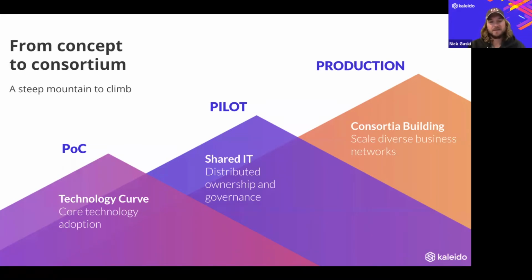And then lastly, once you've built out that solid MVP, that solid POC, having the confidence to run this in production at scale, across multiple clouds, across multiple geographies as well.